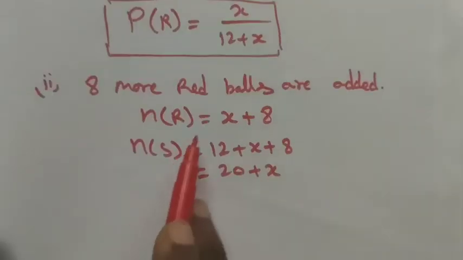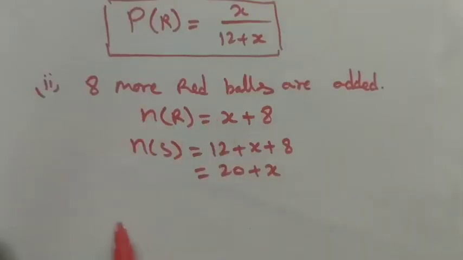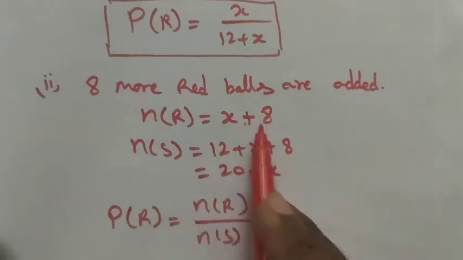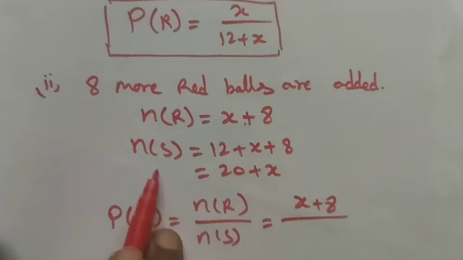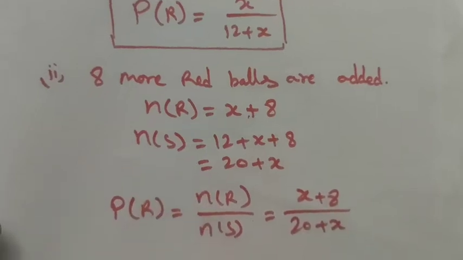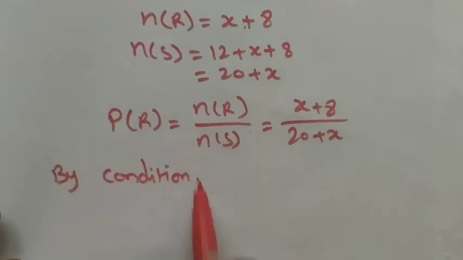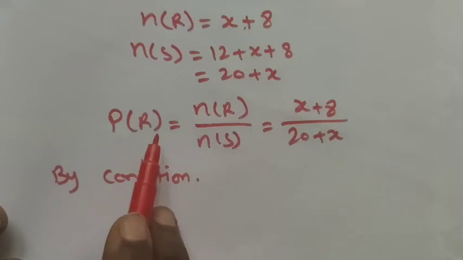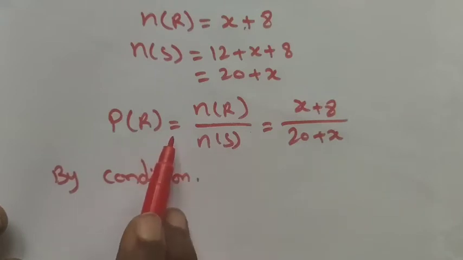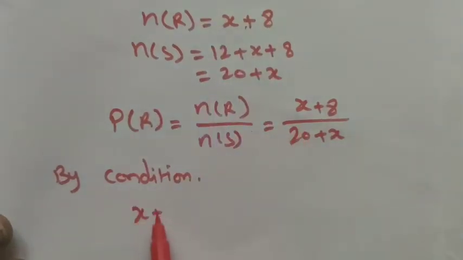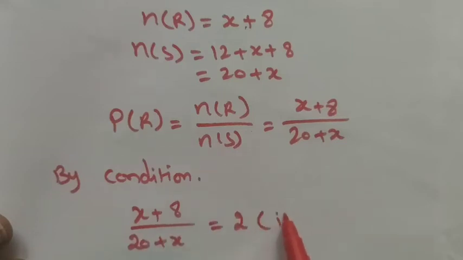Now we want to find the probability for the red balls. The probability of a red ball is equal to n of R divided by n of S. n of R means X plus 8, divided by n of S, which is 20 plus X. By the condition given, the probability of getting a red ball will be twice that of Roman number 1.